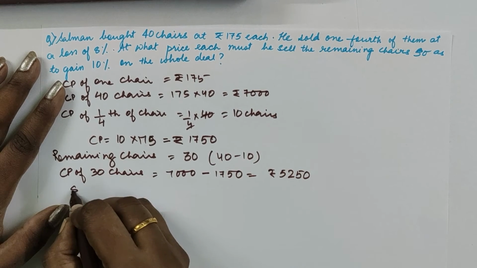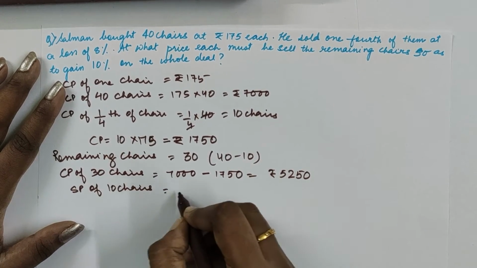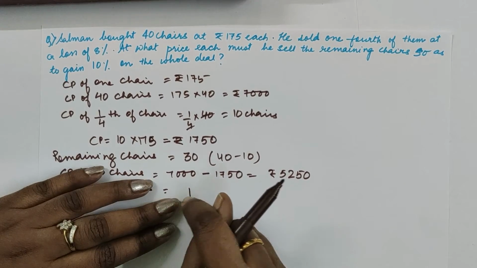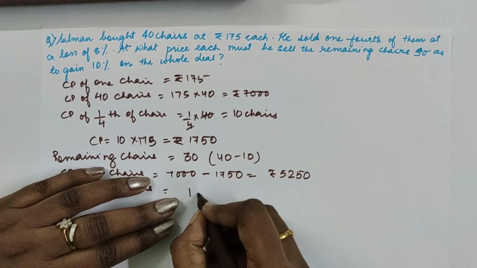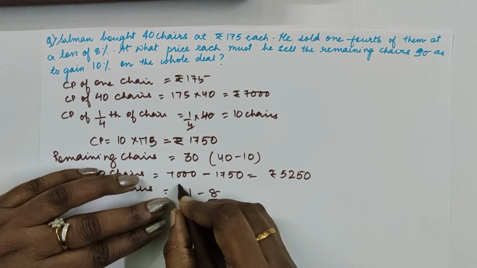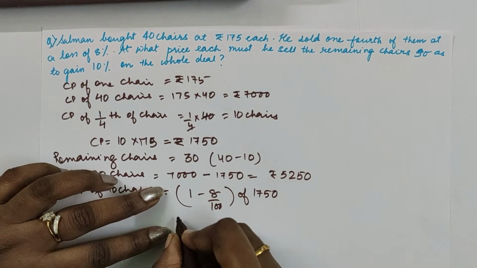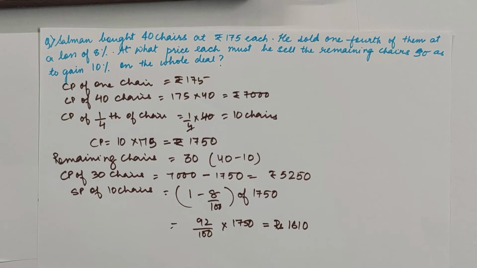So the selling price of 10 chairs is, according to the formula that I told you, 1 minus 8 by 100, because it is a loss, of the CP, that is 1610. The selling price should have been 1610, but now he wants to have a gain of 10%.